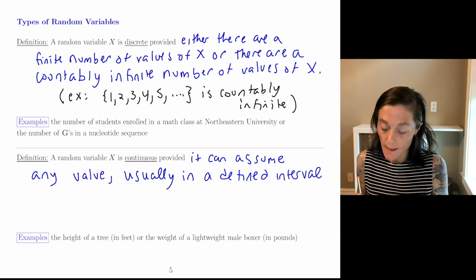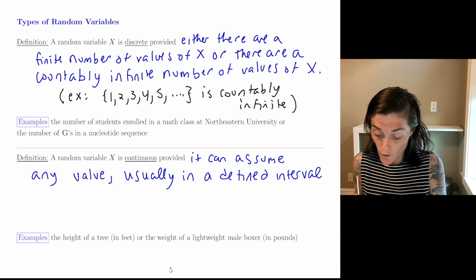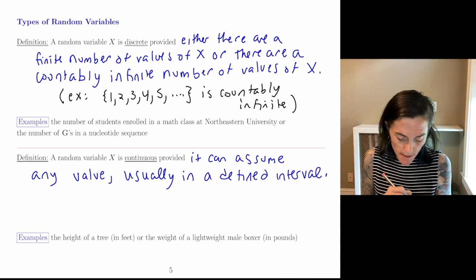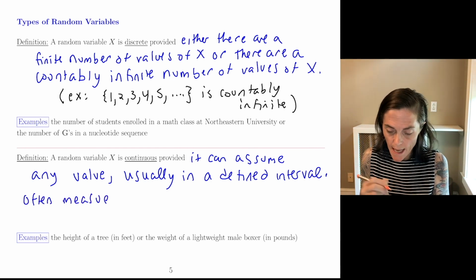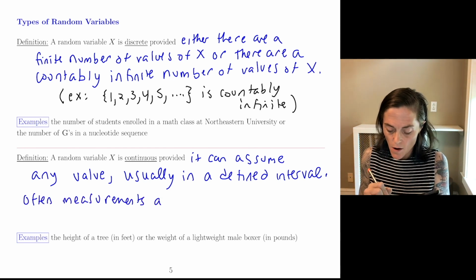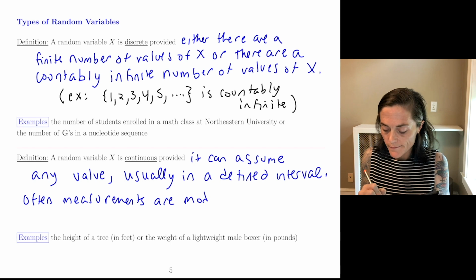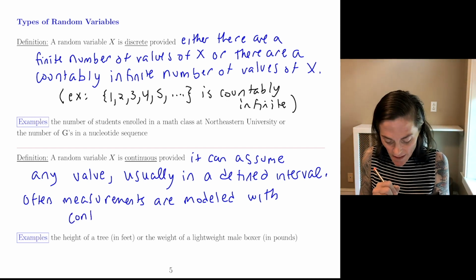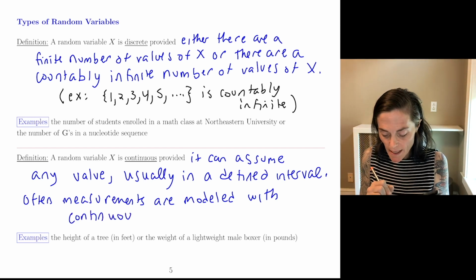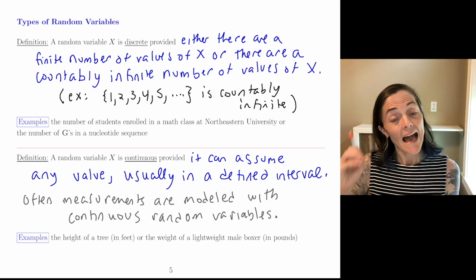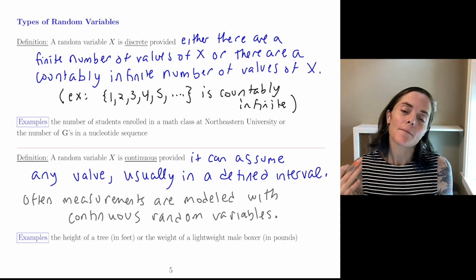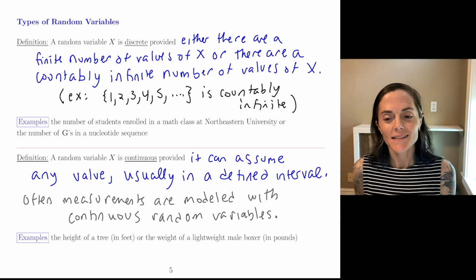But I will just leave it like this, in a defined interval. And quite often, measurements that we take are modeled with continuous random variables. Two examples: the height of a tree in feet, or the weight of a lightweight mailboxer in pounds.